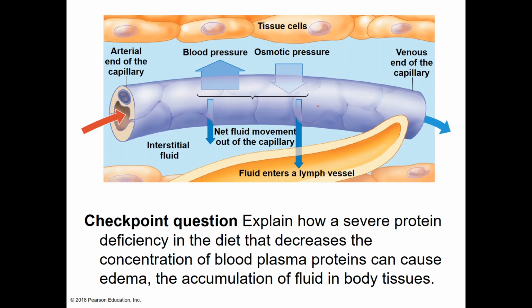If you remember what osmosis is, it's flowing from an area of high concentration to an area of low concentration. So osmotic pressure draws fluid into the capillary because the blood has a higher concentration of solutes than the interstitial fluid. The blood is highly concentrated in solutes, so water essentially will want to flow back into the capillaries.